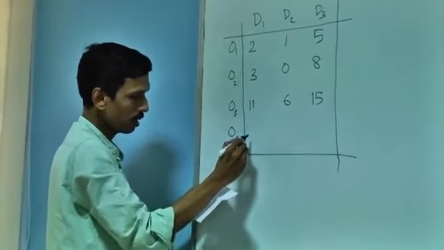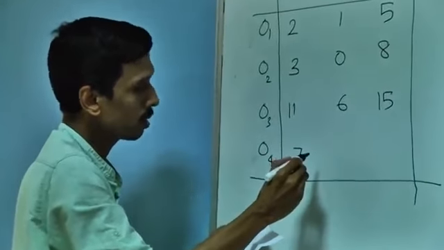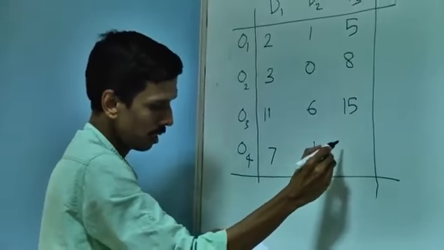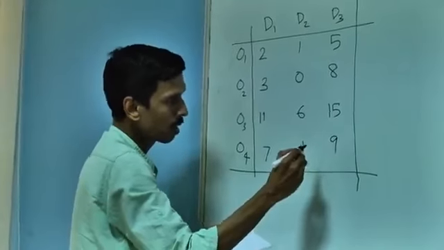The final origin O4 has 7, 1, and 9. It is a 4 by 3 transportation matrix.